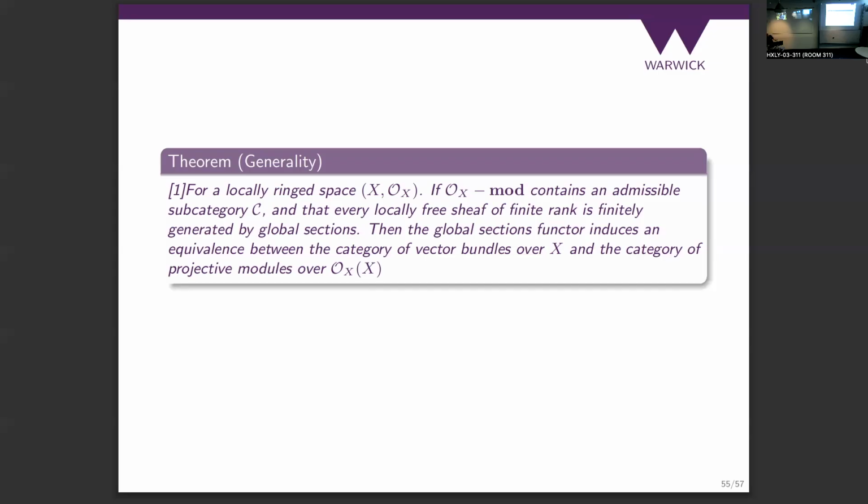The admissible subcategory is more the meat of the theorem. Your subcategory has to contain all Homs. So for any two sheaves, you've got a sheaf of maps between the two sheaves, and it's got to contain all of those. And then everything has to be acyclic, which is a word, I suppose.